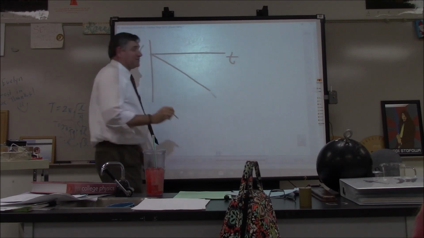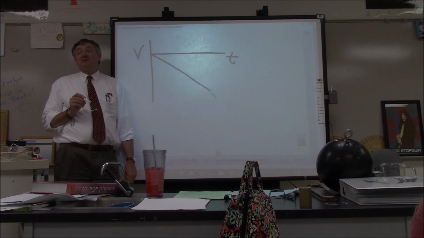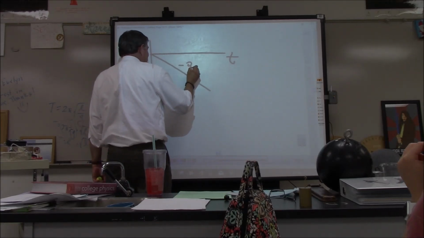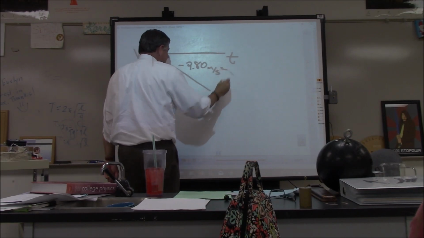And what's the value of that slope, Olivia? Let me give you a hint. It rhymes with negative 9.8 meters per second squared. Beautiful. Good girl. Now, meters per second squared.